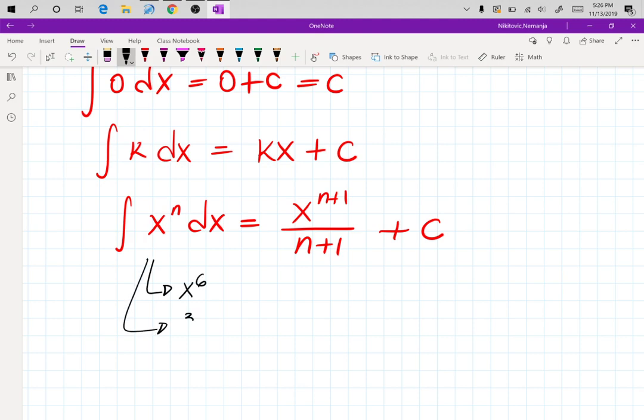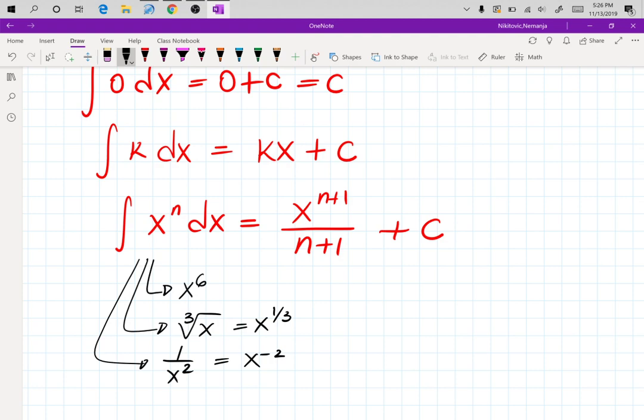You can have the cube root of x, which is x to the 1/3, which is what we call a radical function. And then you can have 1 over x squared, let's say, which is x to the minus 2.